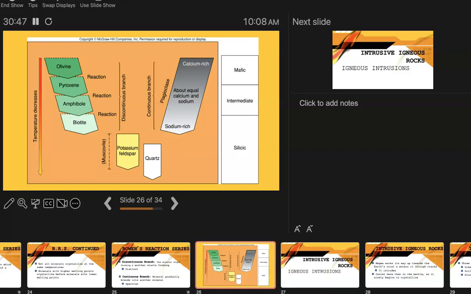Some of you are freaking out and imagining some horrific sort of matching diagram or something here. Okay, we're not going there. What you need to pull out of this were basically those two main ideas that I told you on a slide or two back. There's a predictable sequence that minerals will grow. It's temperature based.